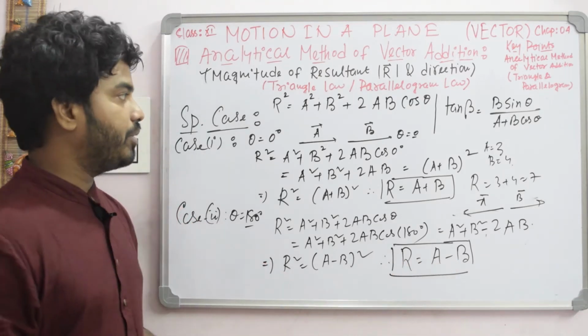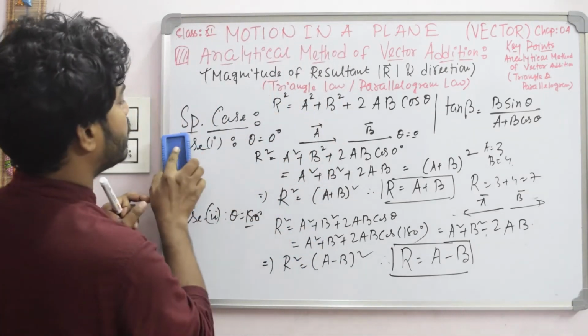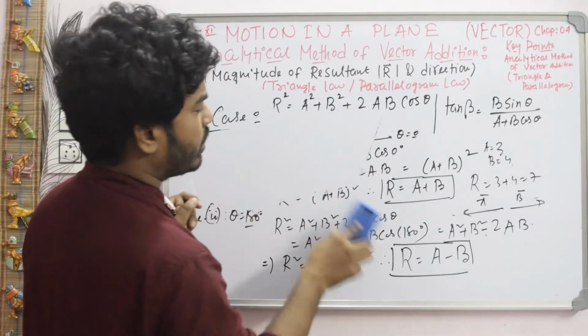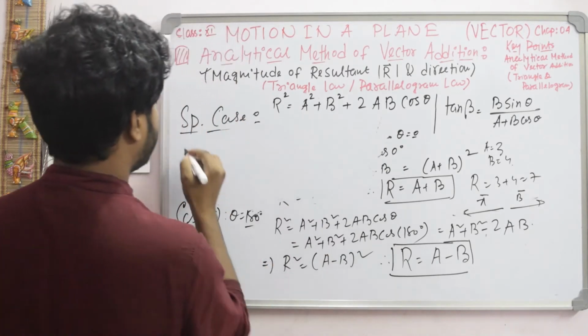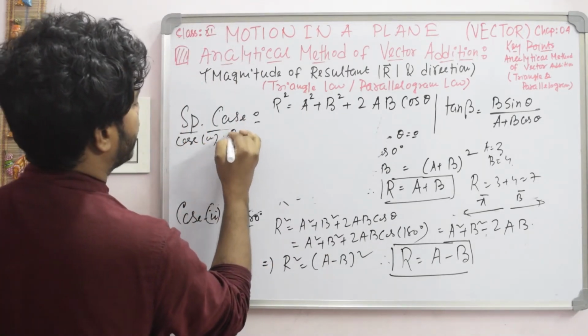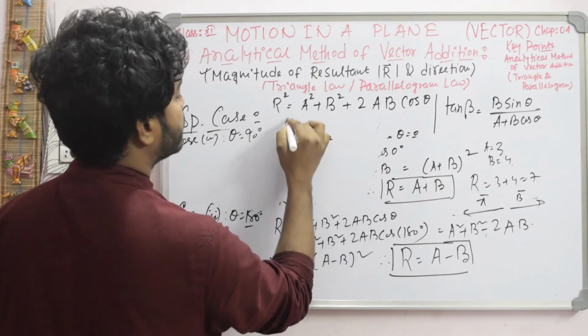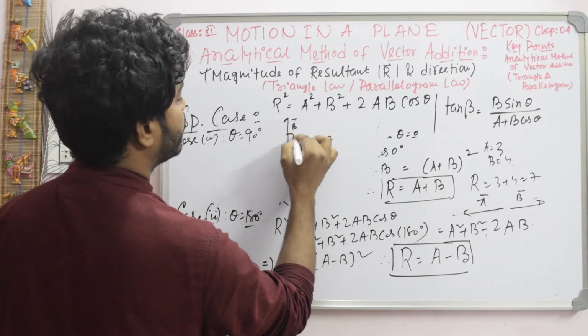Now case number 3, suppose theta is equal to 90 degree. Suppose this is vector A and this one is vector B, theta is equal to 90 degree.